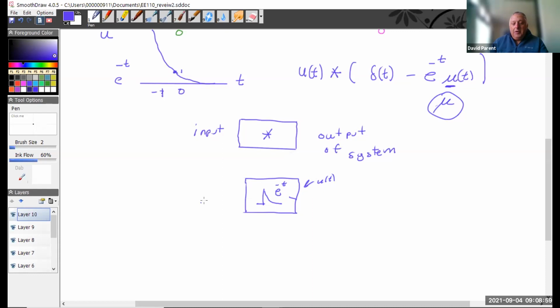And if the input is a step, what is that? The circuit of that is this: that's in and that's out. So I put in a step, and what actually comes out is 1 minus e to the minus t, u(t).